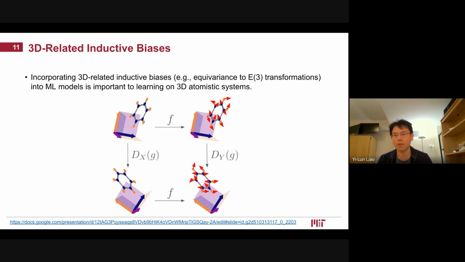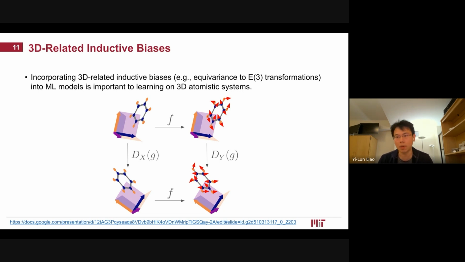Regardless of which methods we want to use, it is true that physical systems will transform in a specific manner. That is, properties will change in a deterministic way when we choose different coordinates to describe the identical system. So this leads to the idea of equivariance and invariance.